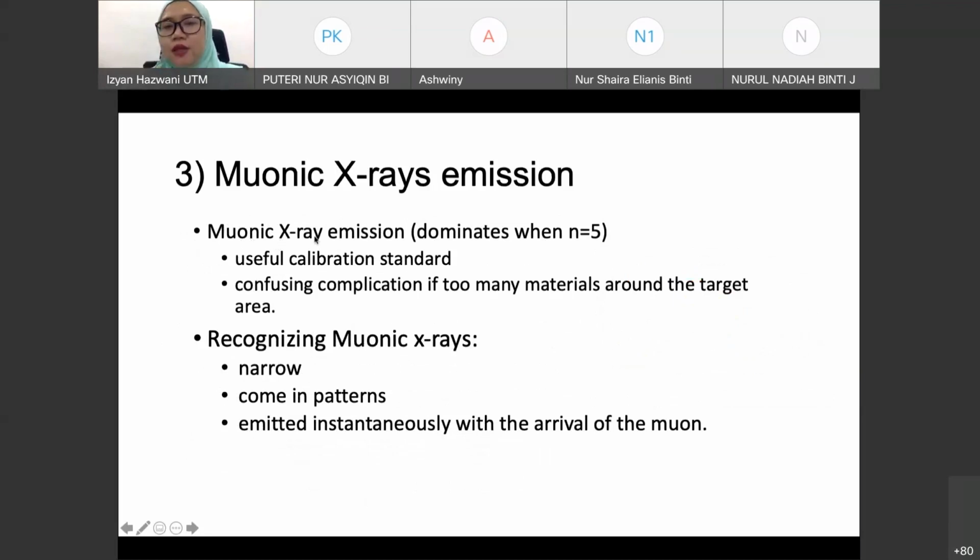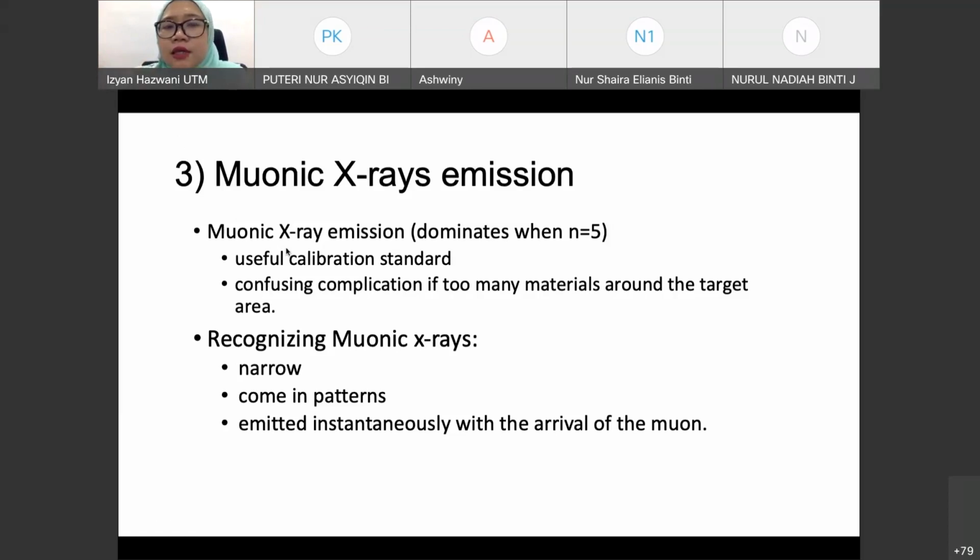This is when the muon tries to return to the ground state and emits X-rays. Practically, the muonic X-ray emission process is similar to common electronic X-rays, only that the energy is shifted around 2 to 5 keV, just very small.